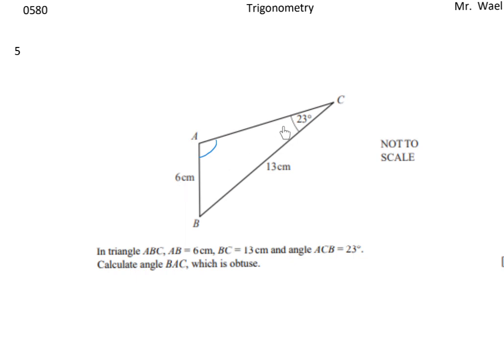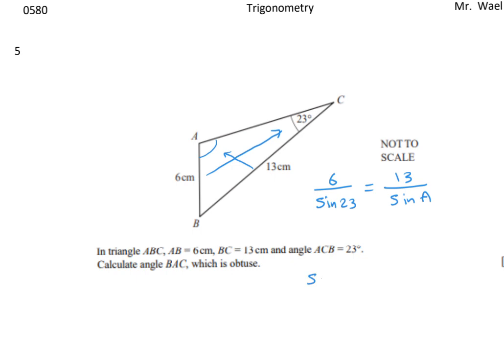We have two sides and the angle. Can we use the sine rule to find this angle? Yes. Okay, how to use the sine rule to find this angle? 6 over sine 23 equals 13 over sine A, where we can name this angle A. Okay.